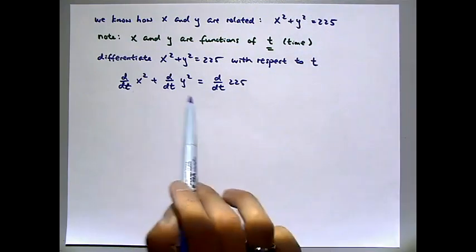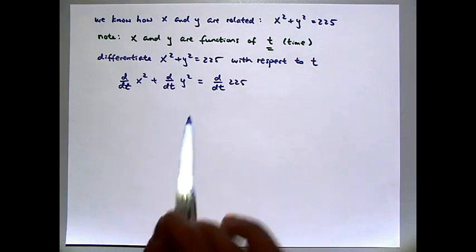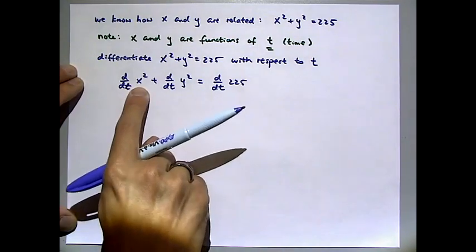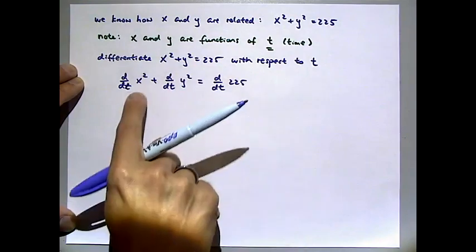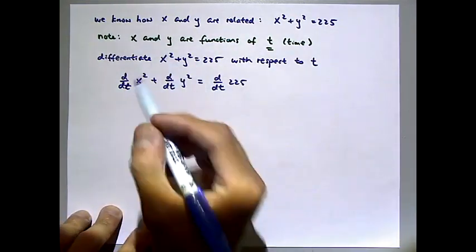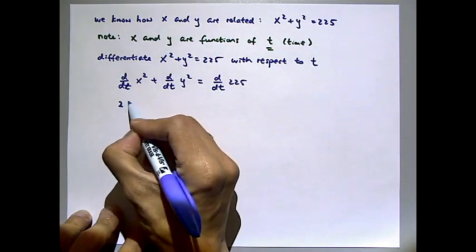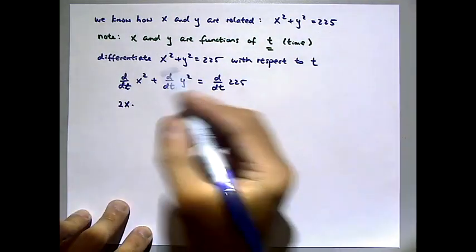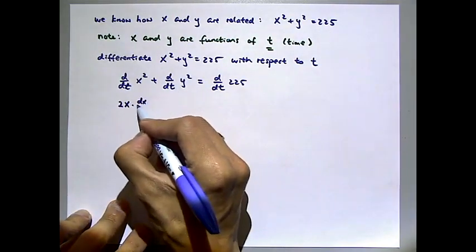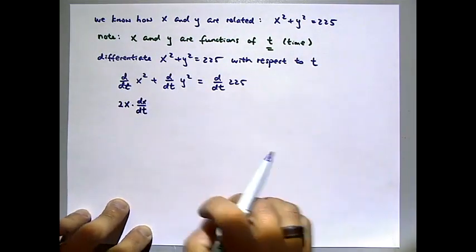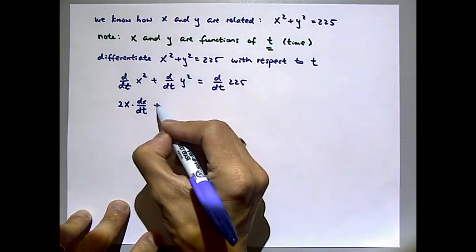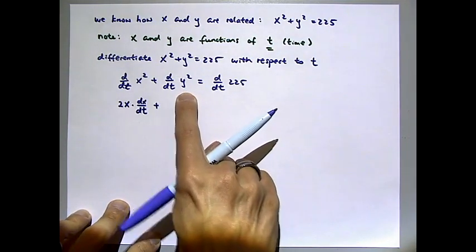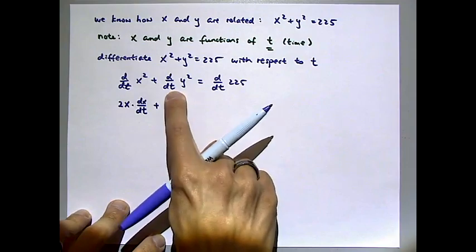When we take the derivative, we've got to use the chain rule here. X is a function of t, right? So when you take the derivative of that, we get 2x times dx dt by the chain rule. Same thing here. Y is really a function of time.